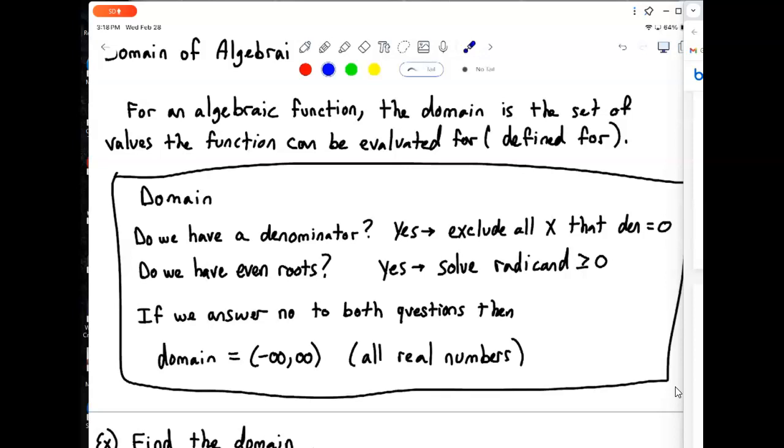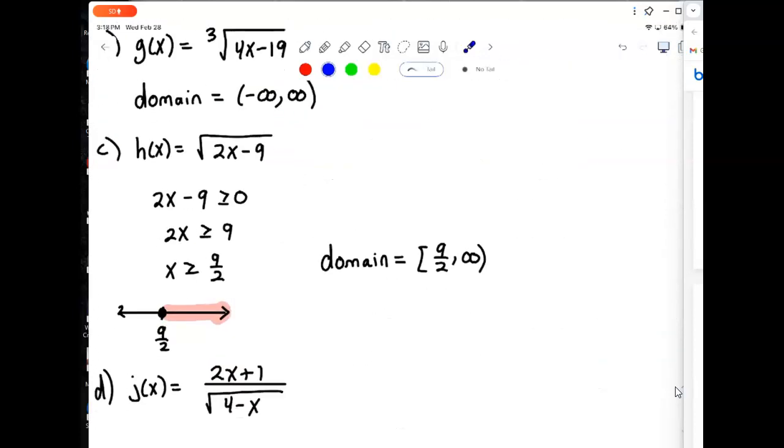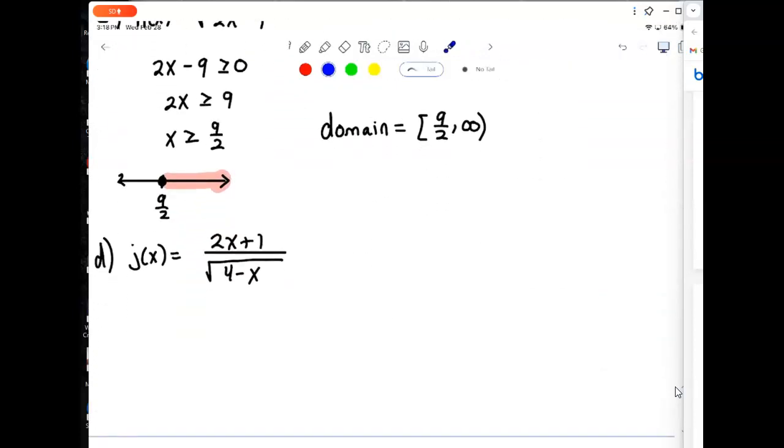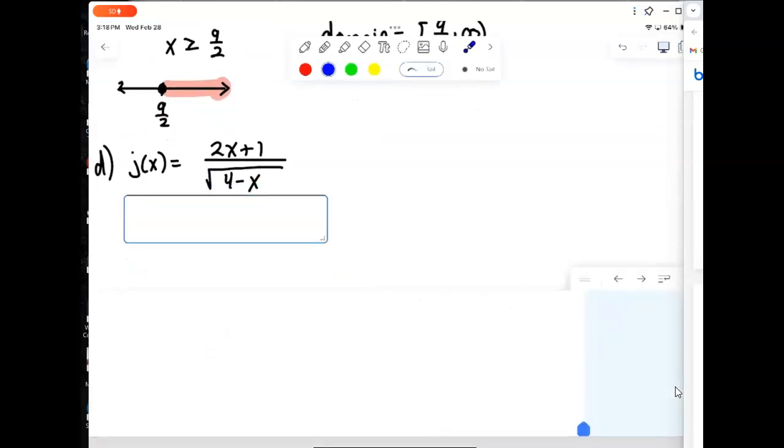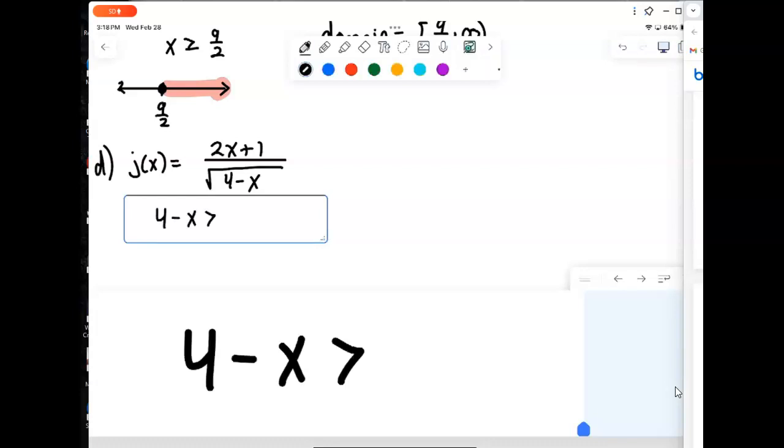But here, because it's in the bottom, we're going to exclude that 0 part, and we just want to solve the stuff inside the radical greater than 0. So this problem translates to 4 minus x greater than 0. We could do it as two separate problems, but it's easier to just do it as one.